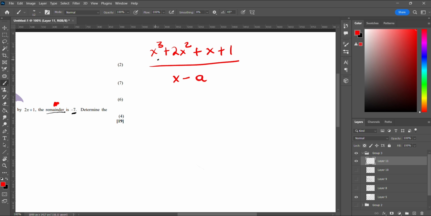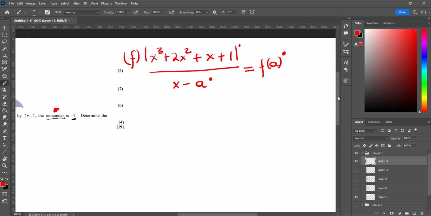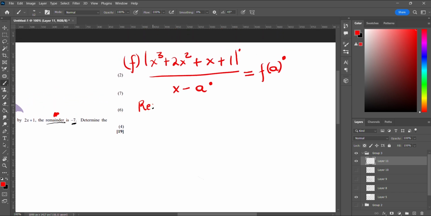The remainder of this will be equal to, if we take this polynomial, let's call it f, f substituted by a, where x equals a. So if this is plus, then it would be minus a. That's the remainder theorem. So what they gave us is they gave us this, they gave us that, and they gave us this, and they want us to solve for this, right? So I'm going to write it here. Remainder theorem.